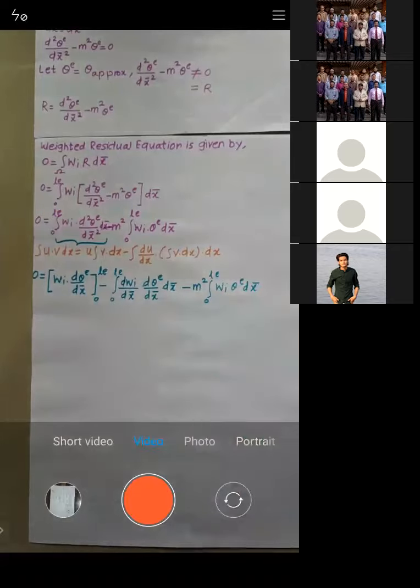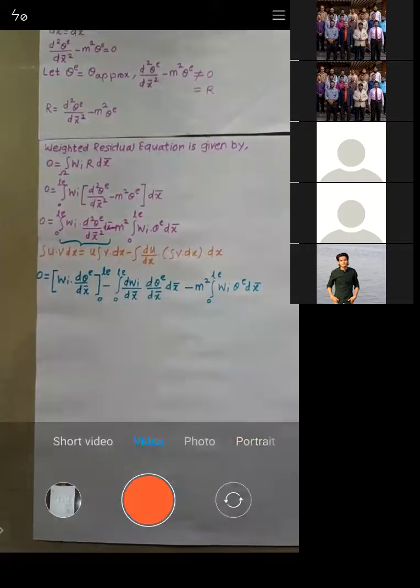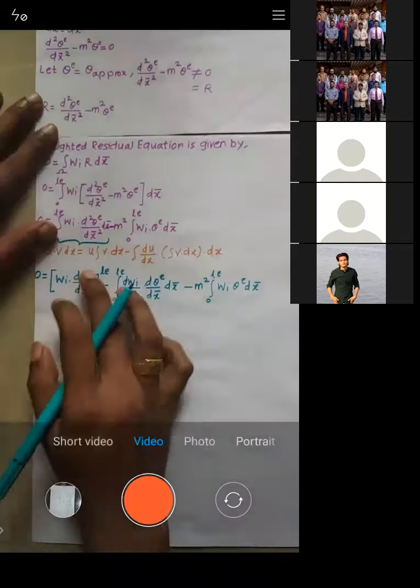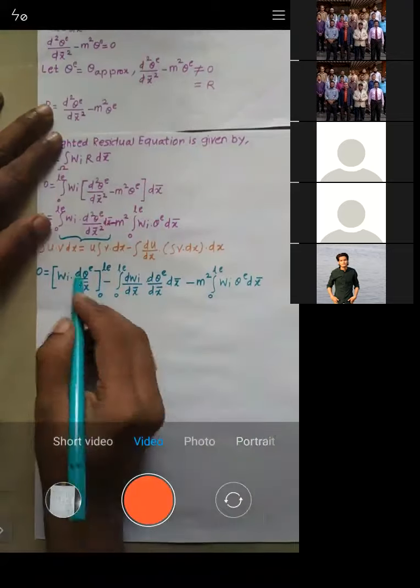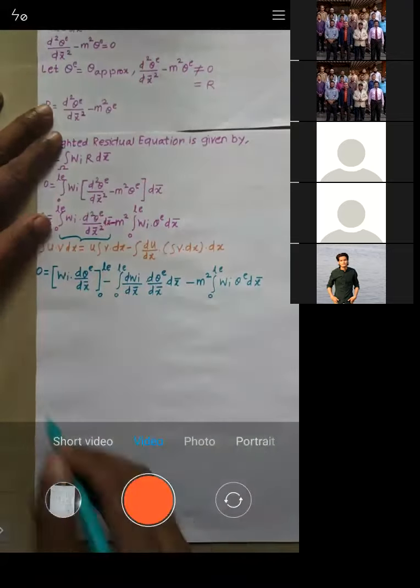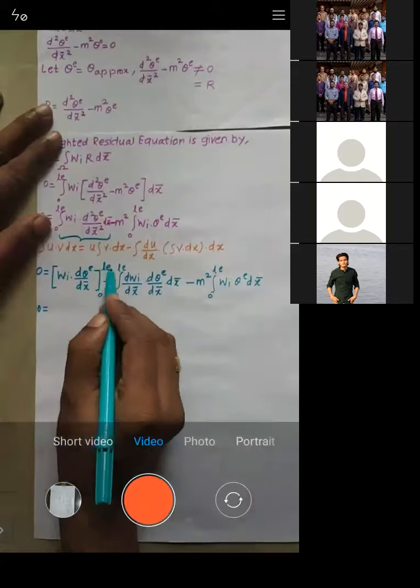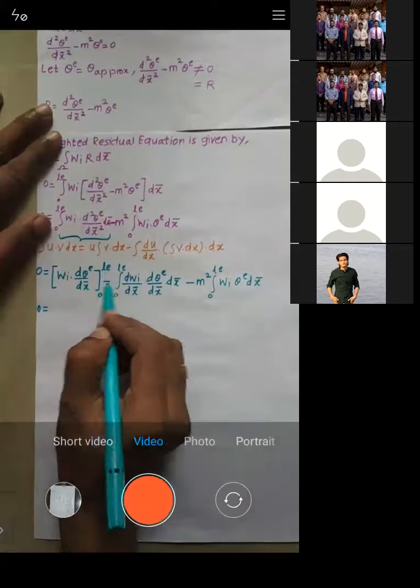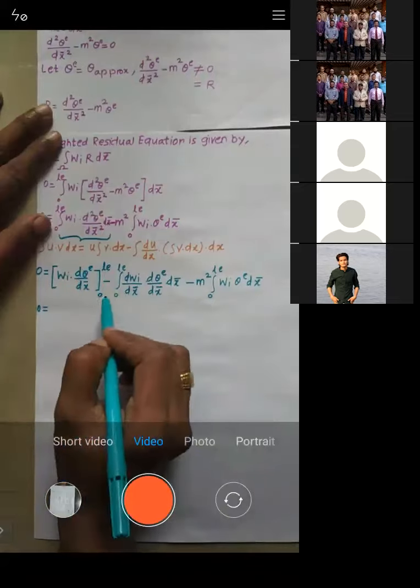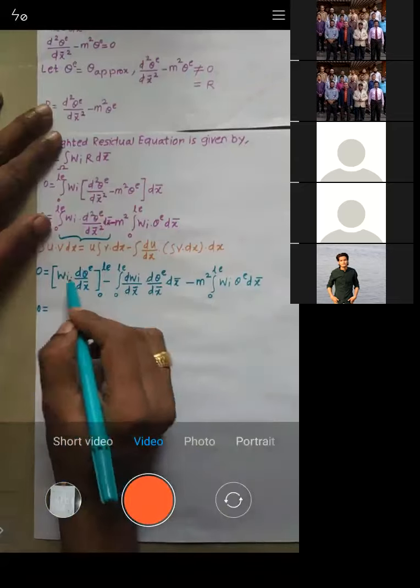Is there any doubt? No, sir. Okay, now once we have integrated, obviously we need to put the limits for the integration. So 0 is equal to this total term when x is LE minus this total term when x is 0. This is how you put upper limit minus lower limit.